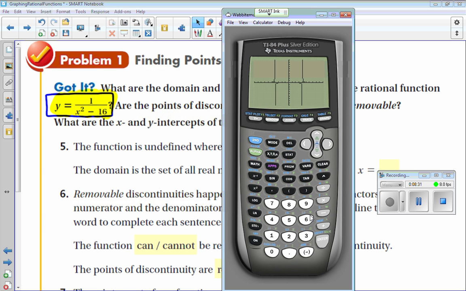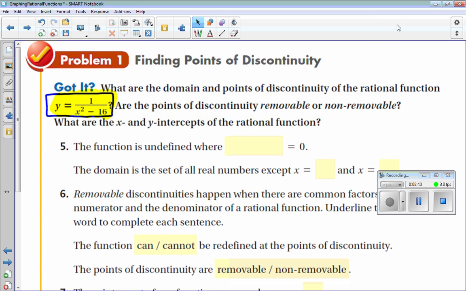So, first of all, we want to decide what our domain and range are, okay? What could x be? What could y be? And those domain and range values are found by either the holes or the asymptotes, okay? So, we want to figure out where the function is undefined.